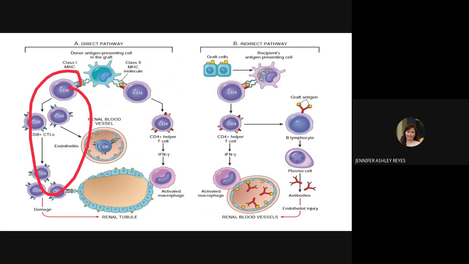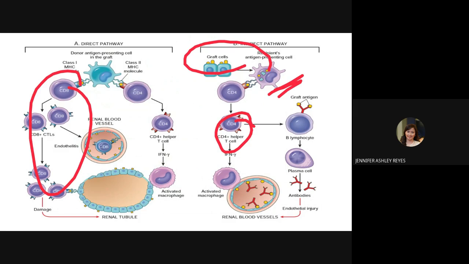And will create a certain immune response against that graft. Dito, yung CD4 plus T cells, sa kanya pinresent ng ating recipient APC yung nakuha niyang MHC peptide from the graft cells. So that is somehow a delayed inflammatory response, pero still an inflammatory or rejection pathway pa din.